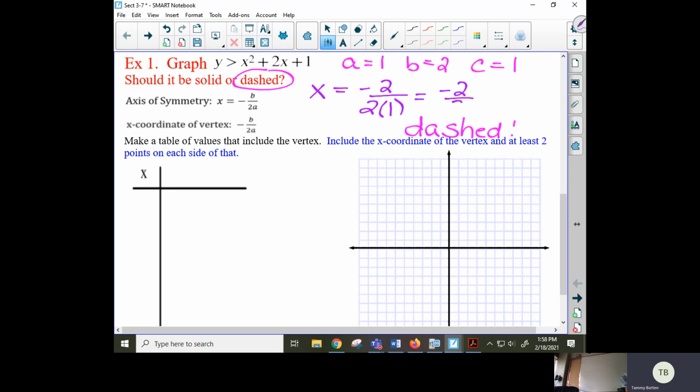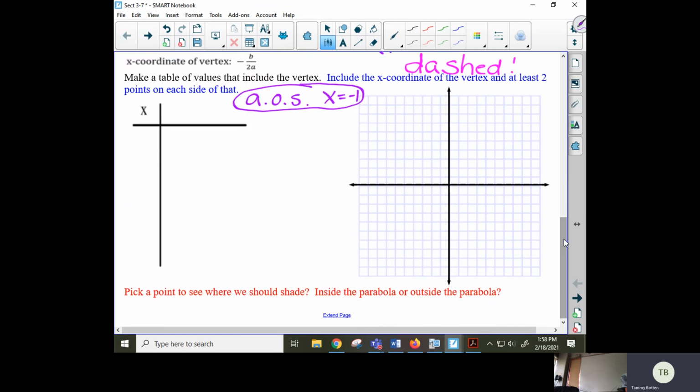So this is negative 2 over 2, which is negative 1. One of the things you're going to do today is somewhere by your graph, tell me what your axis of symmetry is. This will be part of your answer. And then you're going to go to your graph at x equals negative 1.